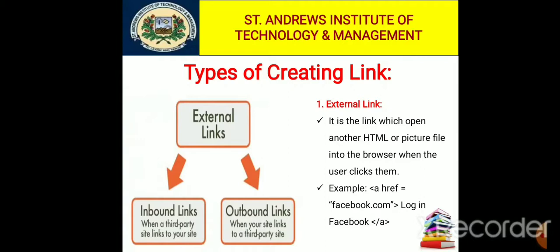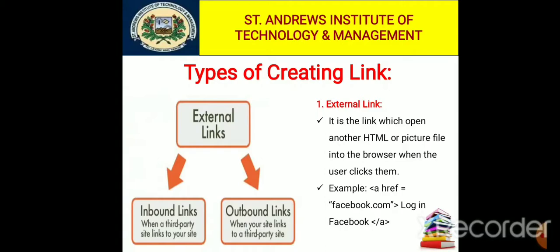The web page containing the clicked link is unloaded from the browser, and the target web page is loaded into the browser. Example: a href with the URL facebook.com and the keyword login. When we click on login Facebook, then the Facebook website opens.